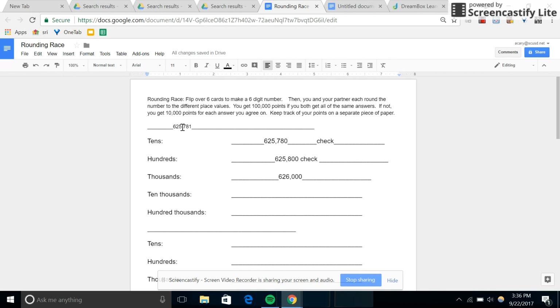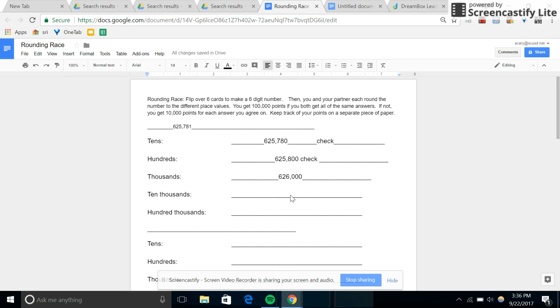Another question I ask kids very frequently is, if we're rounding to the thousands place, which thousand is it closer to? Is this number closer to 625,000, or is it closer to 626,000? Hopefully they know 781 is going to be closer to needing to go up to the next 1,000.